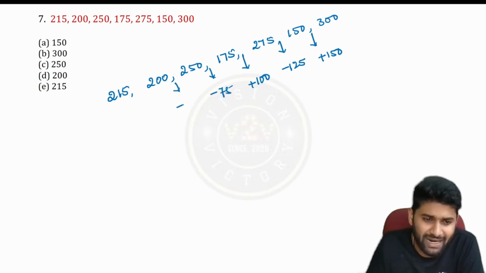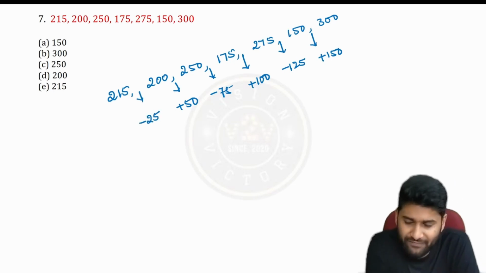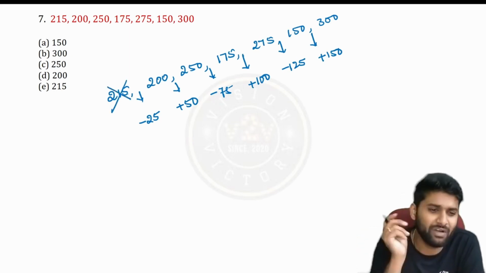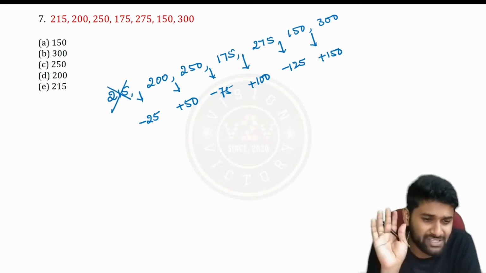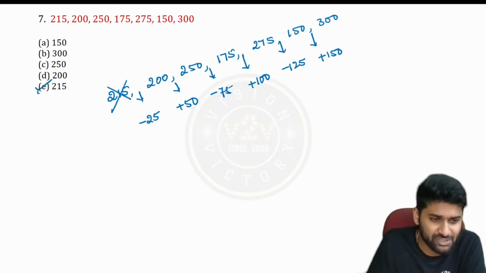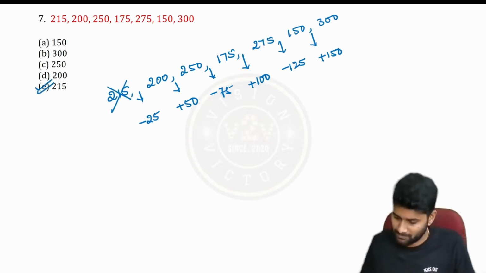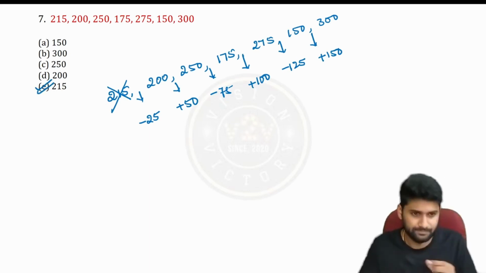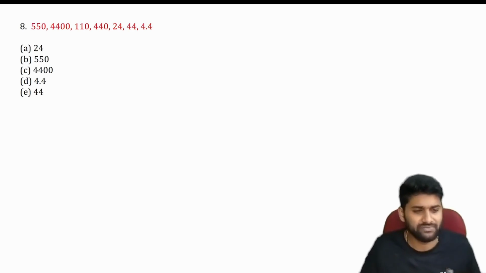According to that order it should be plus 50 and finally minus 25. See, if you find the difference, it is increasing by 25 units only. But according to that pattern, we need this value to be 175, but they gave us 215. That's why the wrong number in the series is 215. Now let's check with this question.